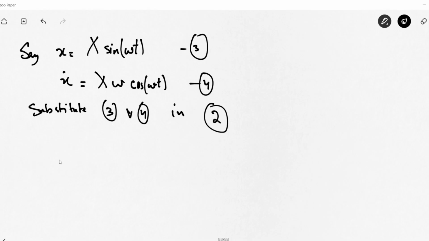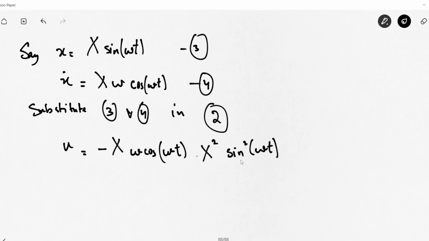what we get is u, that is x square x dot, equal to minus x square x dot, which is minus X omega cos omega t into X square sine square omega t. This is equation number 5. Therefore u is equal to minus X cube omega divided by 2, 1 minus cos 2 omega t, into cos omega t.